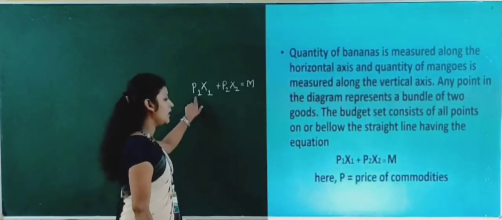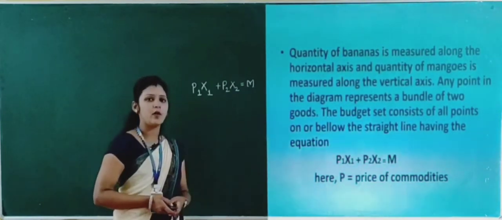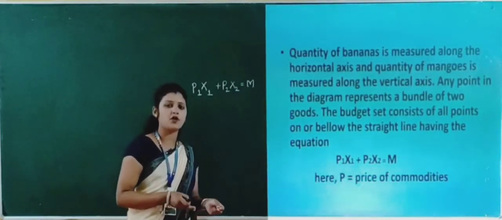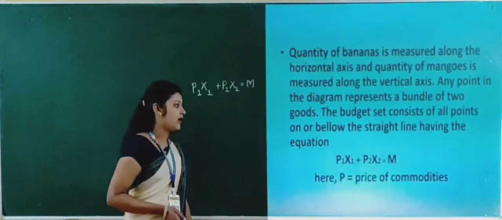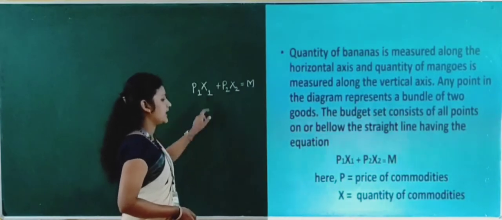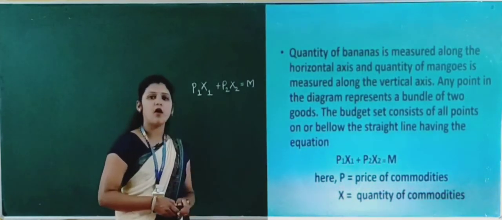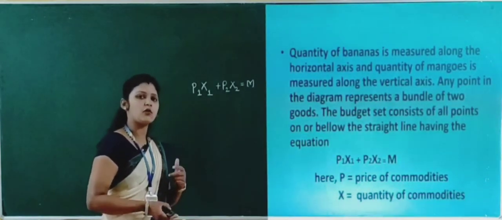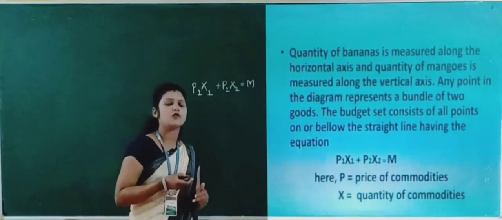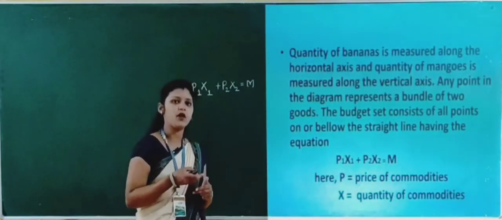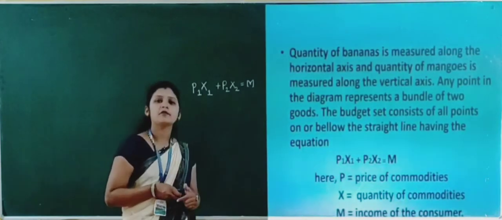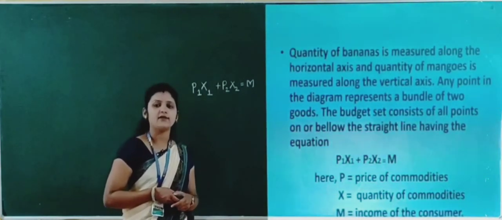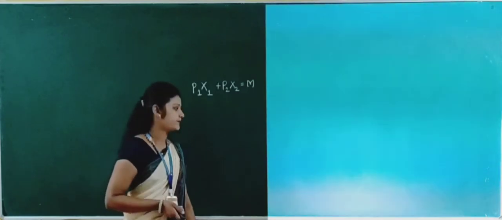Here P means the price of the commodities, mangoes and bananas, and x represents the quantity of commodities, that is, in what quantity the consumer is purchasing the commodities. Here m means the income of the consumer, that is rupees 20.